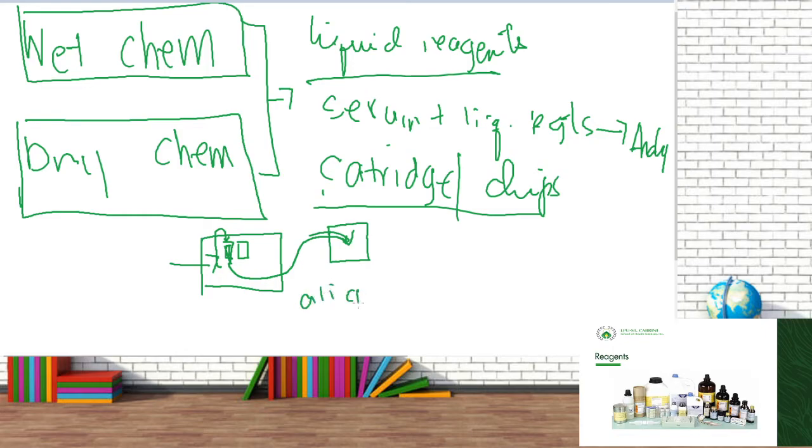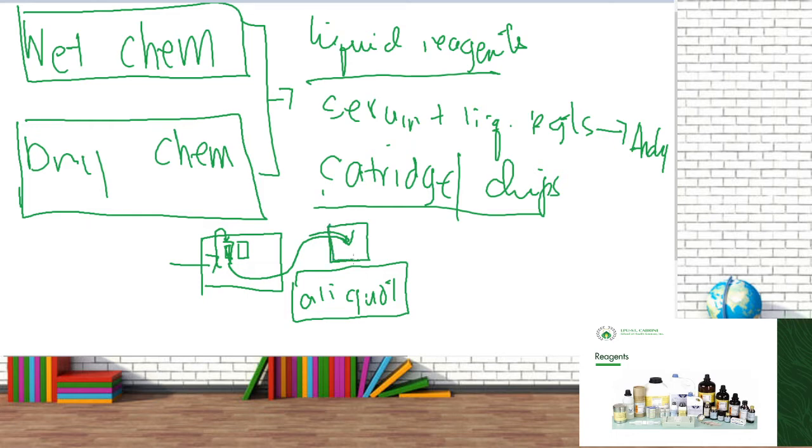O siguro naman, alam po natin ang aliquot. The small amount of sample taken from the mother sample. Now, inside this chemical analyzer, there is a microcuvette that will transfer your serum or your sample into the chip.